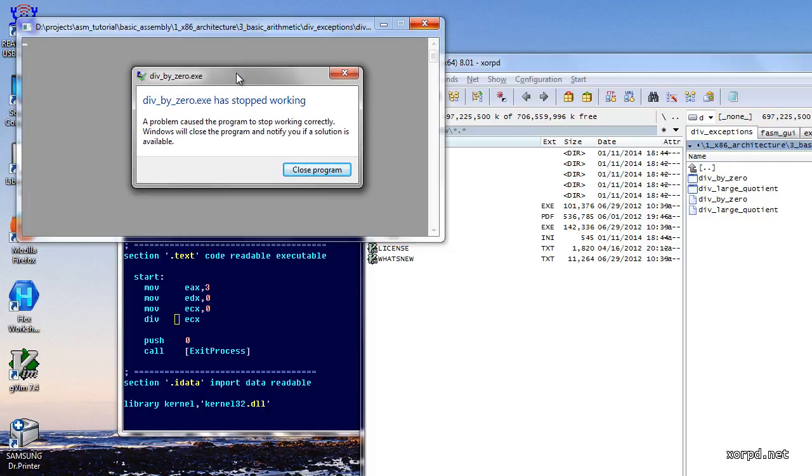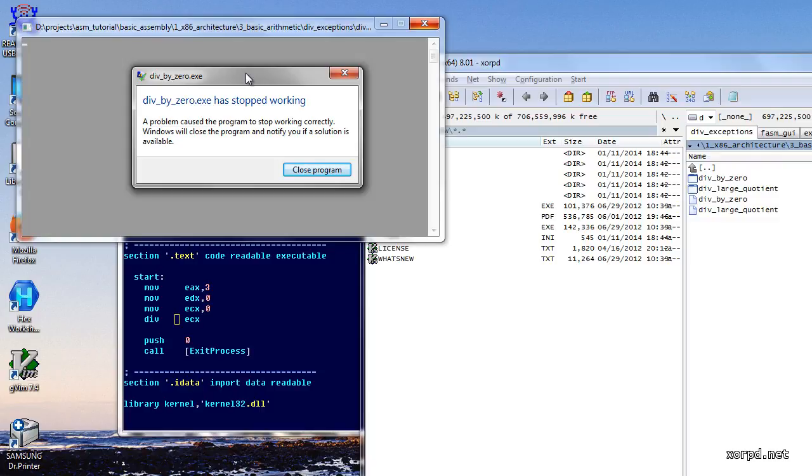This is a very nice user-friendly message that actually says that something went wrong with the program. It doesn't say what went wrong, but at this point we actually know what went wrong. We know that we tried to divide by 0 and we got this.